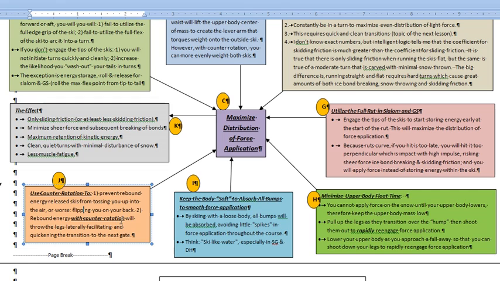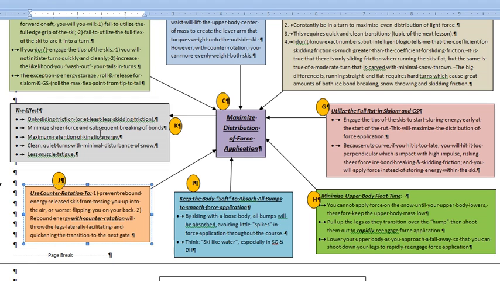So these are ways you can maximize distribution of force application, and the effect is you only have sliding friction, or at least less skidding friction. By spreading it out, you can have light force spread throughout instead of concentrated force at a hard turn, and you have less skidding friction and less ice bond breaking, so minimize shear force and subsequent breaking of bonds.